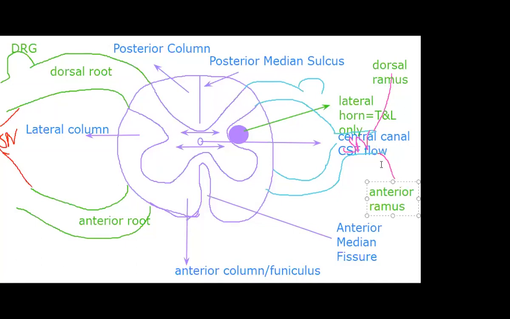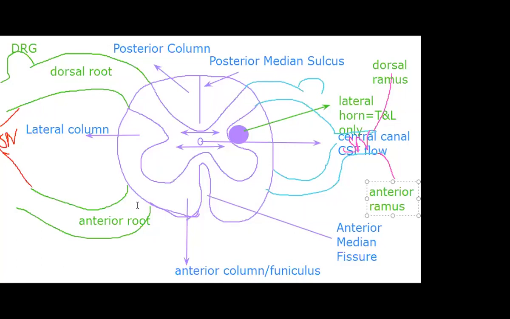So even though they go off and they split, I don't want you to confuse the fact that they used to just be sensory or used to just be motor. After they become the spinal nerve, they stay mixed. That is just the way that it is, okay? So if you see the word ramus, think about the marriage. Ramus means that it is mixed in that marriage. Root means that's a single person, okay?